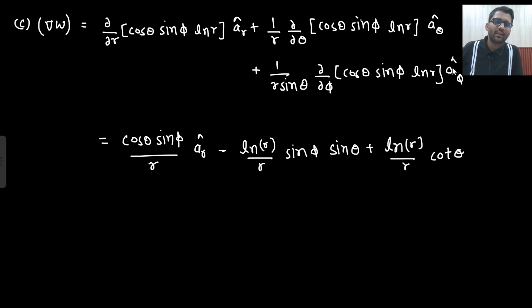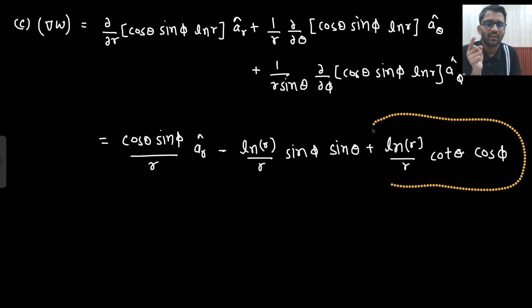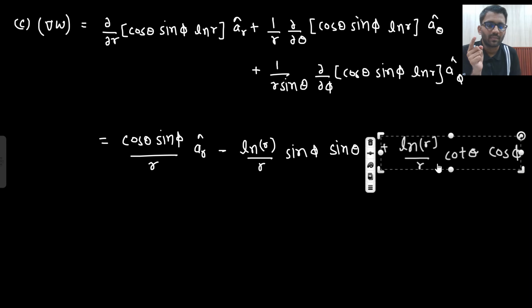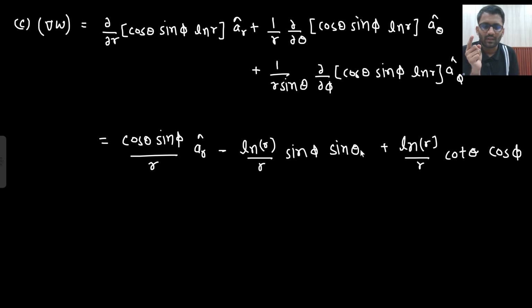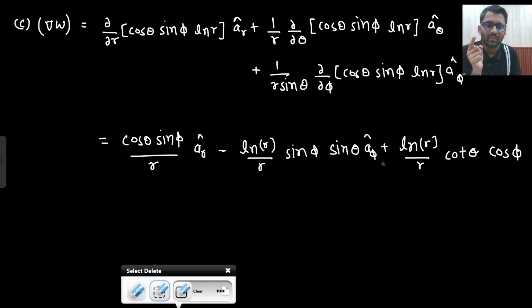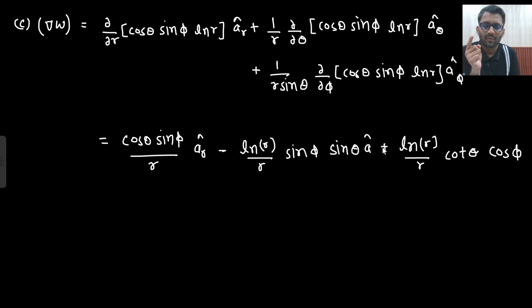Cot theta, and then ln r is there, and sin phi will be differentiated and will give you cos phi. So here ar cap, here I forgot to write a theta cap, and lastly you are gonna get a phi cap.